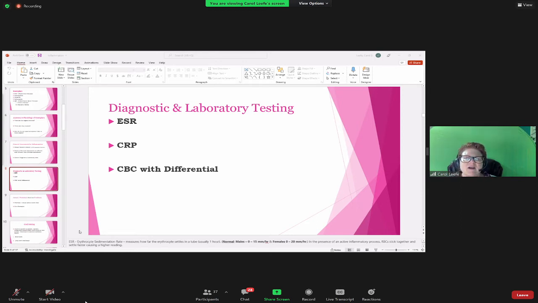S is the severity scale, 0 to 10, right? And what is their pain goal? Also, if they can't do the numeric scale, then use the faces. And then T is timing. When did the symptoms start?